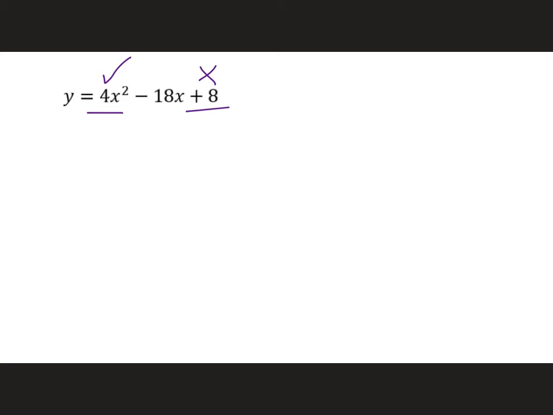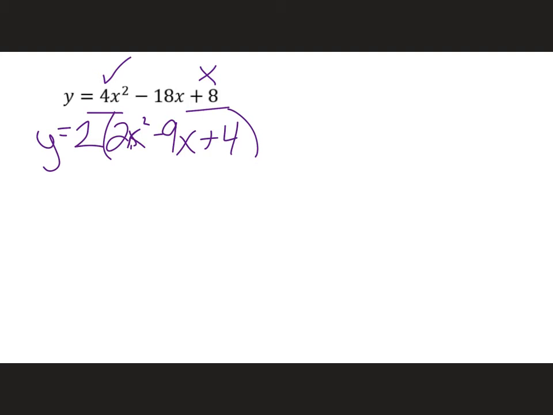So between 4x squared, negative 18x, and positive 8, they do have a common factor of 2. So I want to factor out a 2 so that this trinomial is as simplified as it can be. Otherwise, I could get one of two different answers, which makes it a little more challenging when I'm trying to complete an assignment. You may have seen that happen last week with one of the questions.